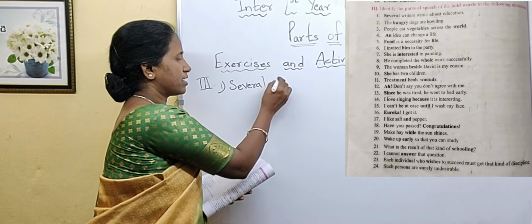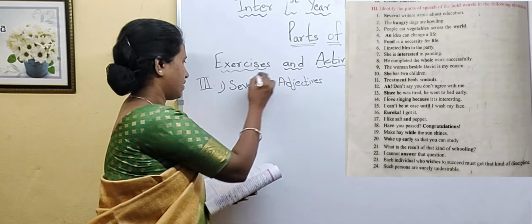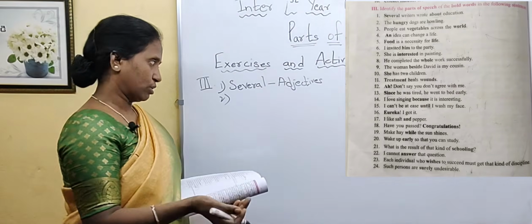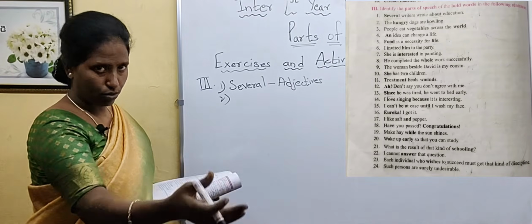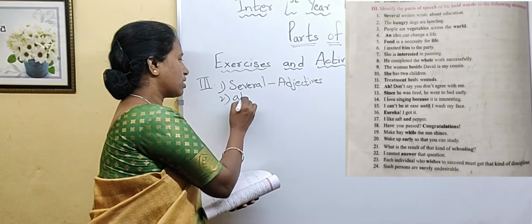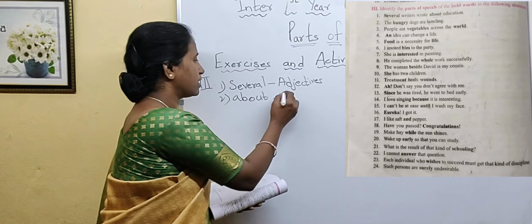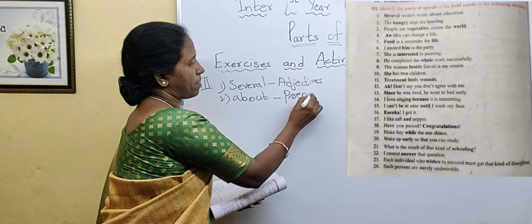Several is an adjective. About is a preposition. It is telling about whom, to which person it is concerned. About is a preposition.